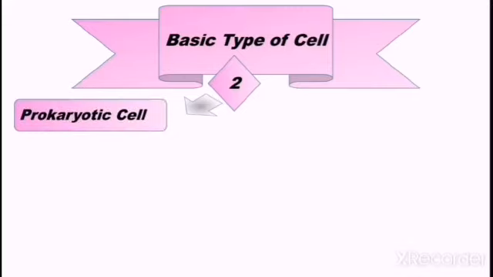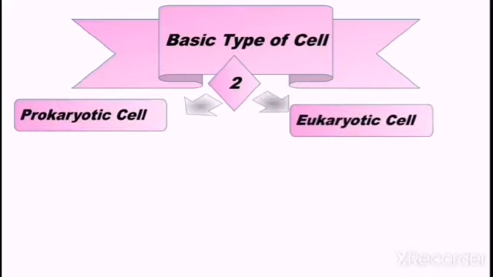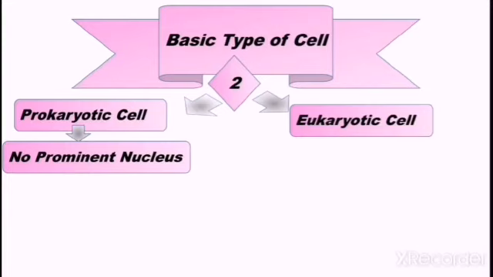Do you know that, students? How many basic types of cells are there? There are 2 basic types of cells. The first one is prokaryotic cell and the second one is eukaryotic cell. What is prokaryotic cell? Prokaryotic cell is the cell that does not have a prominent nucleus. Why don't they have a prominent nucleus?